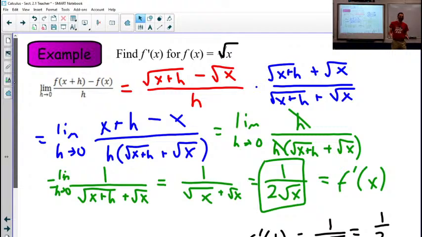This big long process is showing you how the rules happen and where the rules come from. And so we're going to go through them this week. You're going to have a homework assignment where you're going to have to do this out the long way. And then after that, you're going to be starting to memorize rules.